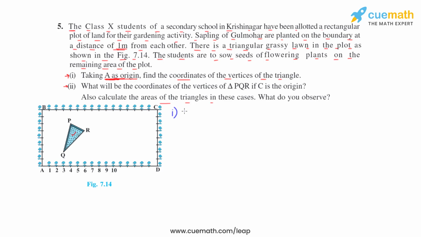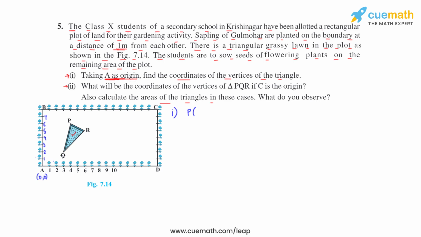Okay, if you observe carefully, we have to take A as origin, that is, it is (0, 0) in the first part. Then the coordinates of P, I'll write it here, 1, 2, 3, 4, 5, 6, 7.